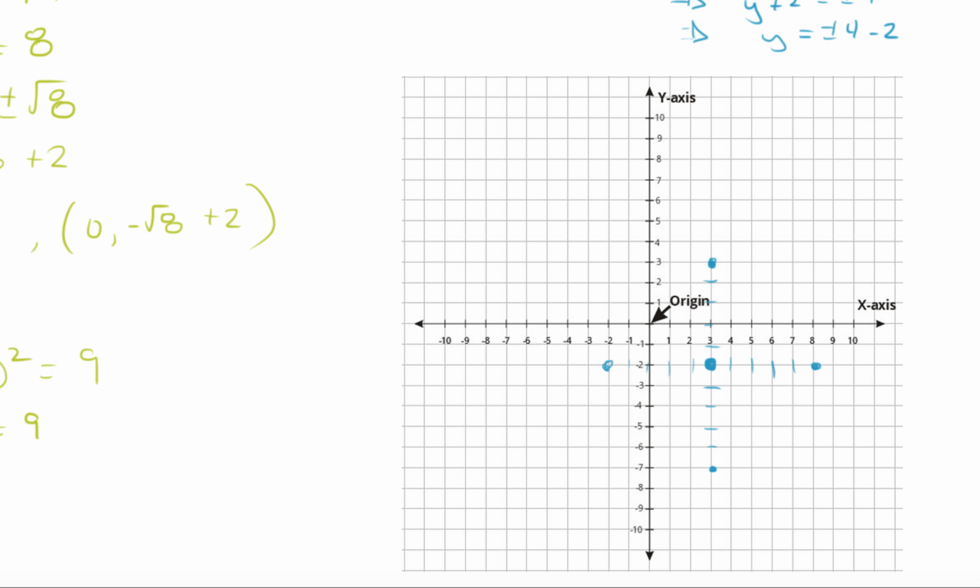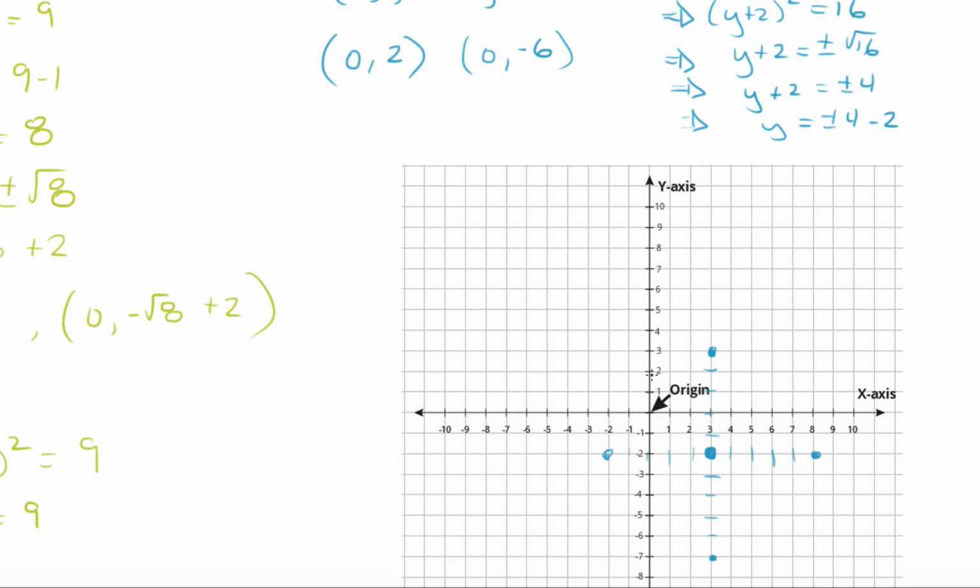Notice that for the y-intercepts, it crosses at 2 and negative 6. So we got that beautiful circle of mine. Okay? And that will be your graph.